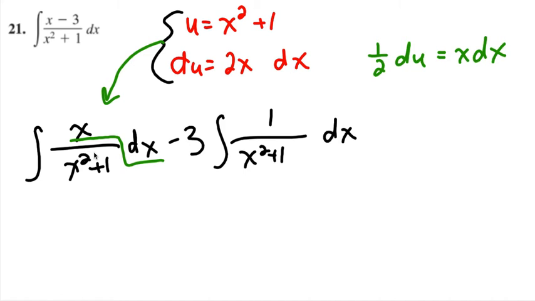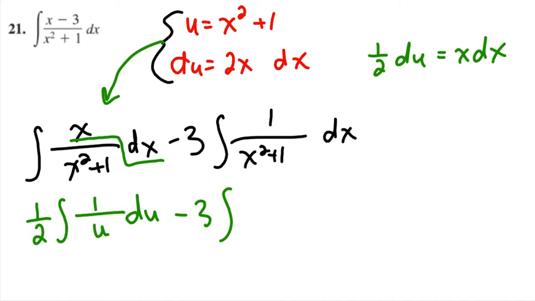We can plug in 1/2 du for those x dx. So what I'm left with here is 1/2 integral of 1 over u du minus 3 integral 1 over x squared plus 1 dx.